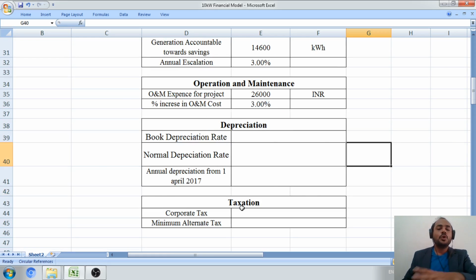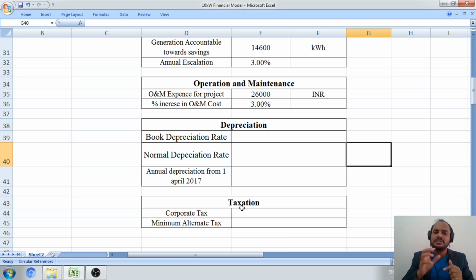The next parameter we are going to consider is depreciation. We require the depreciation parameter when calculating the taxable income and the cash inflow analysis in the balance sheet. There are three types of depreciation we can take here. One is the straight line method of depreciation, which is called the book depreciation rate.